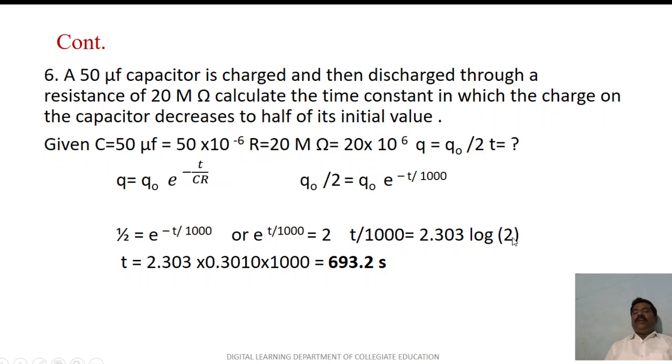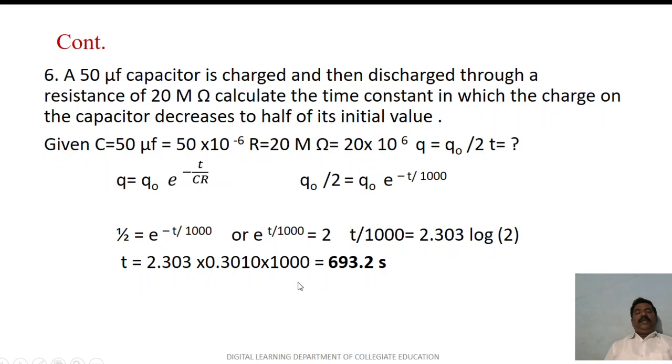Directly converting to base 10, t is equal to 2.303 into 0.3010 into 1000. We will get 693.2 seconds as the time for the charge on the capacitor to decrease to half of its initial value.